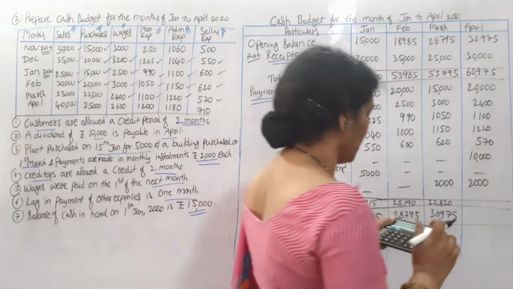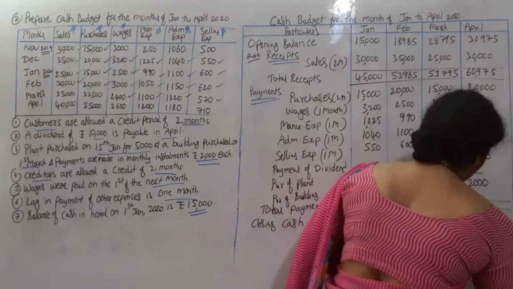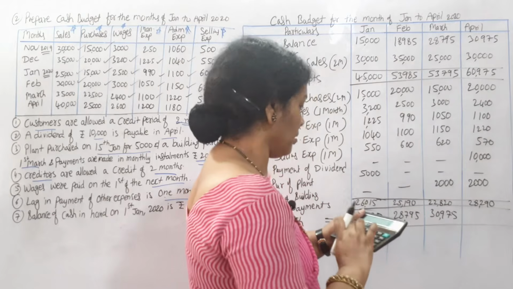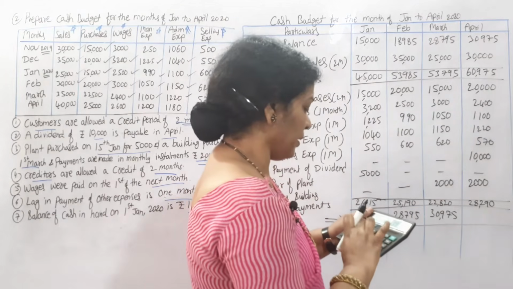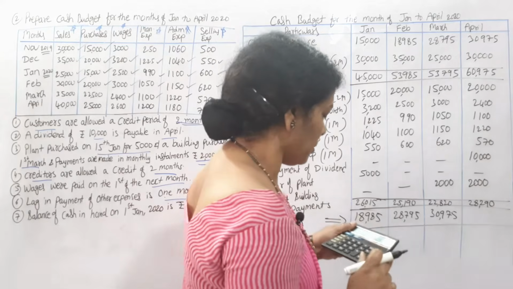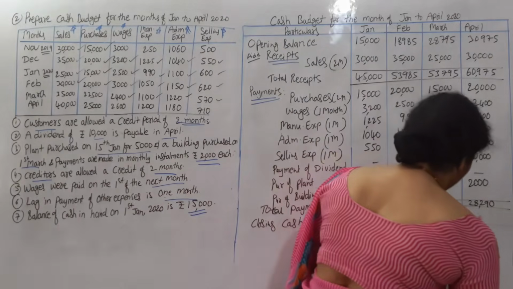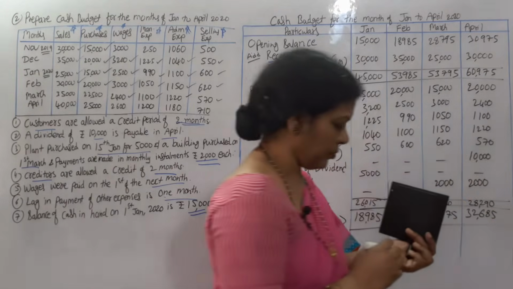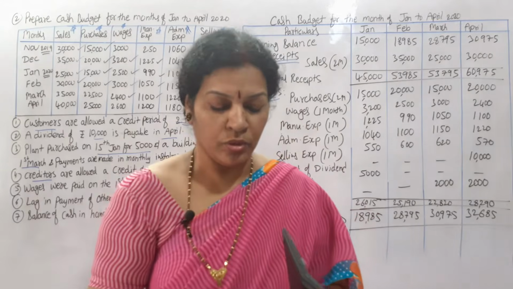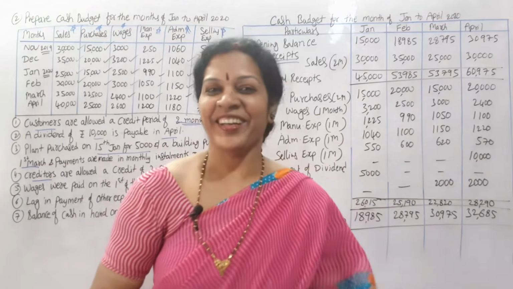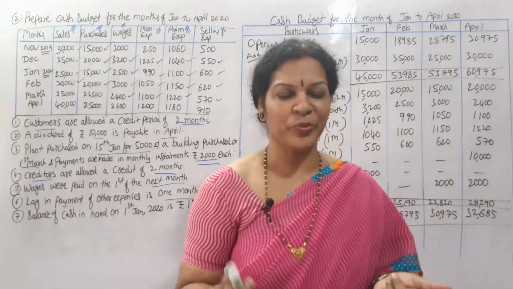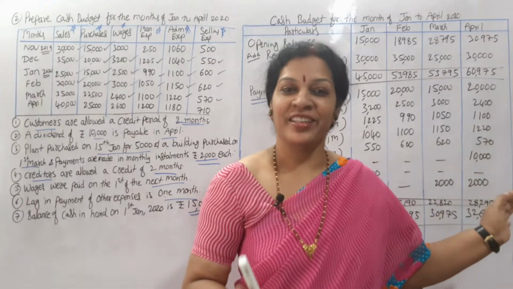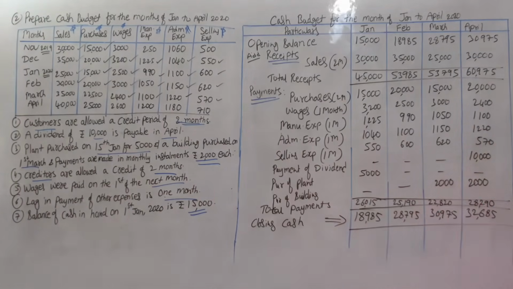It is 28,290. 60,975 minus 28,290 comes to 32,685. That's all. Okay. So, are you getting the same answer? I think you are getting. If you have followed the previous problem and introduction of today's explanation, you will get the same answer. Take a screenshot or note down, then I'll give my recap.